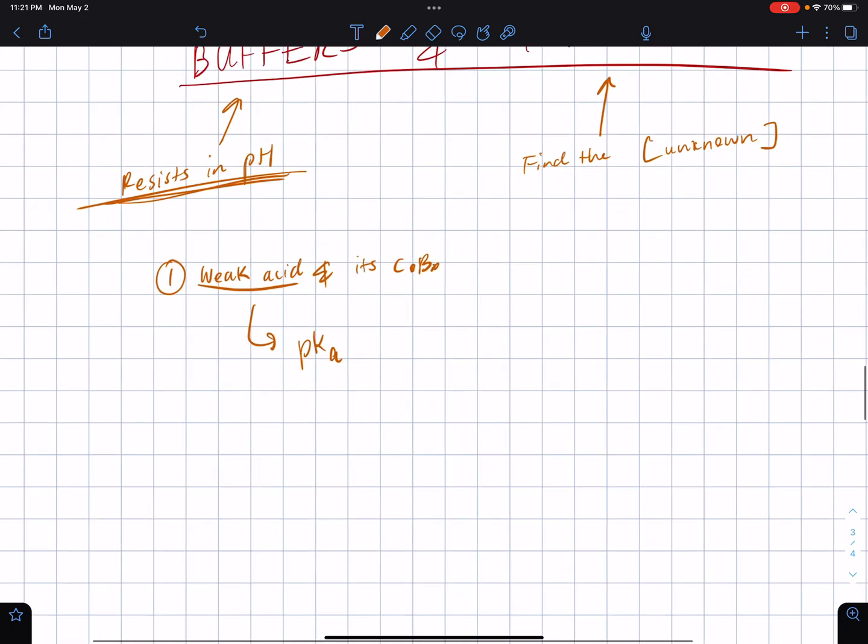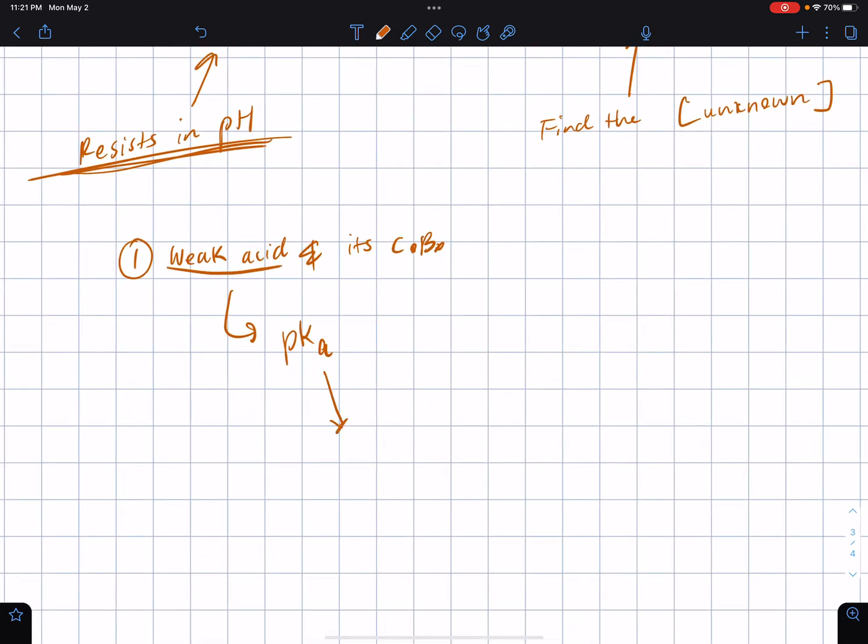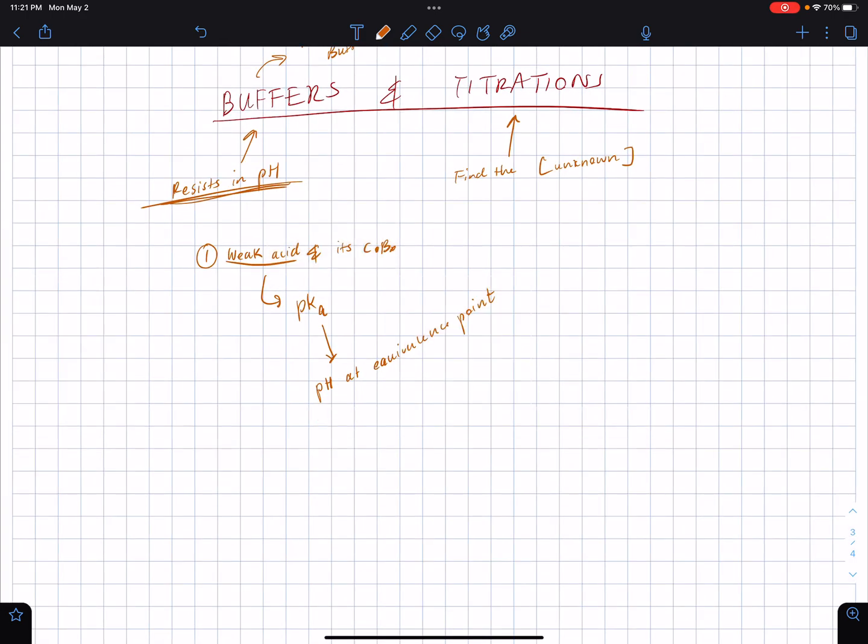We want a pKa that is close to the pH at the equivalence point. So at the equivalence point of the titration, where we're trying to find the concentration of some unknown thing, we want the pKa of the weak acid of the buffer to be as close as possible to the pH at the equivalence point.